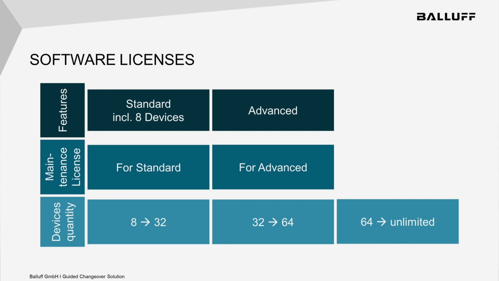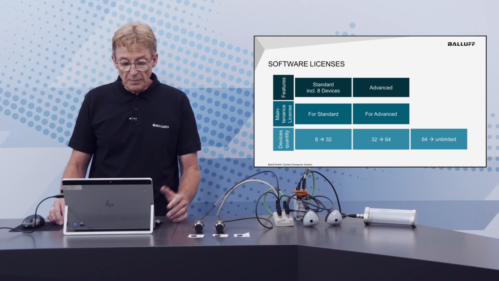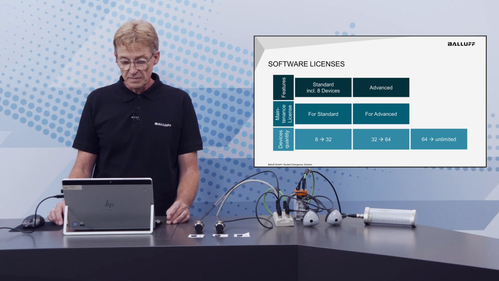And we have licenses about the number of devices you can use with the software if you want to upgrade from 8 to 32 devices or to 64 or even an unlimited number of devices.